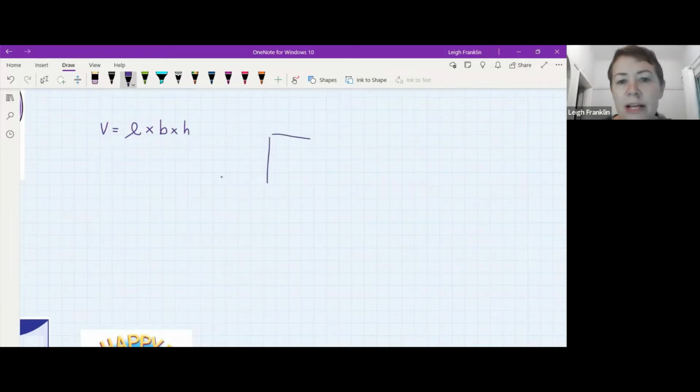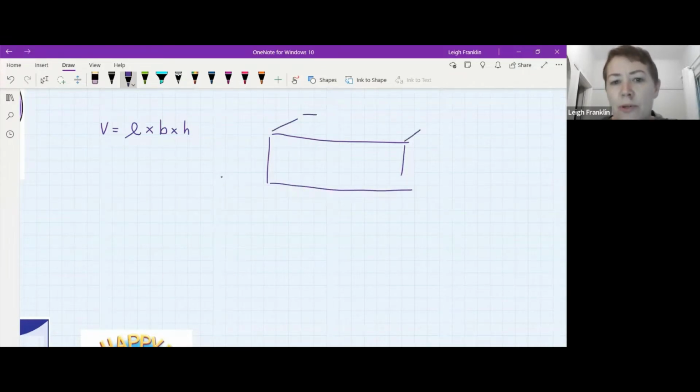So if I pretend that this is a fish tank, and it's a cuboid or a rectangular prism, I could say in my fish tank, what volume of water could I have in my fish tank? I mean, presumably I'm not going to fill it right to the very top.